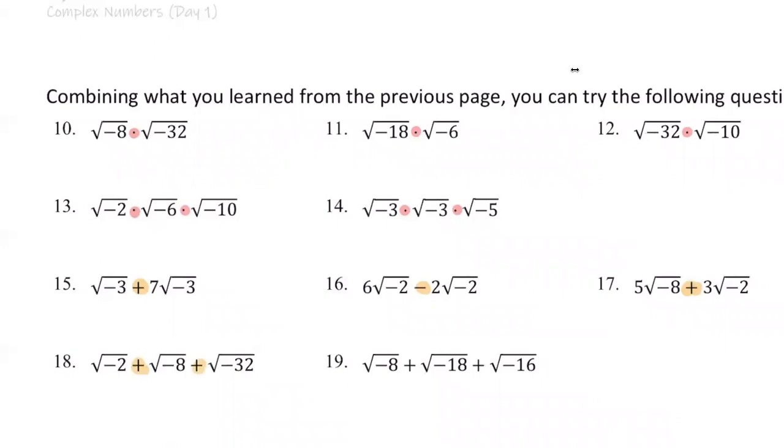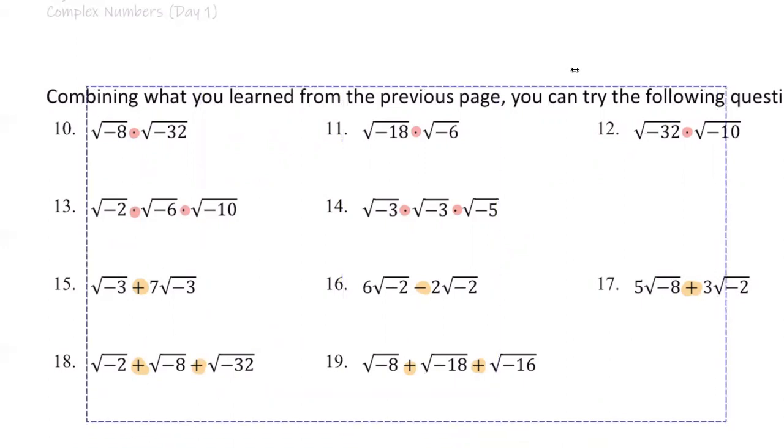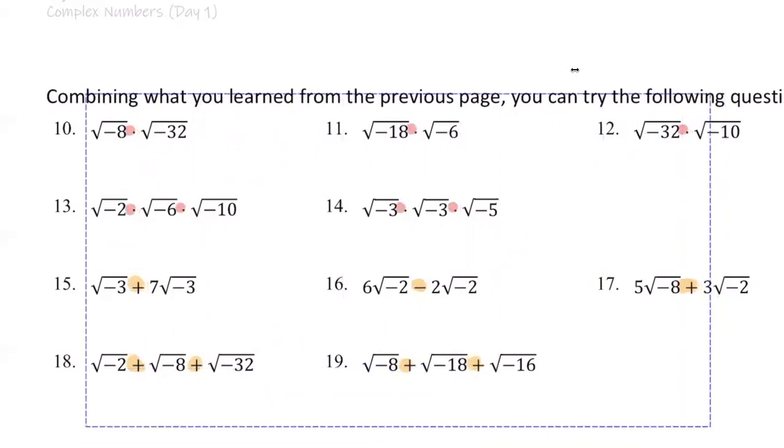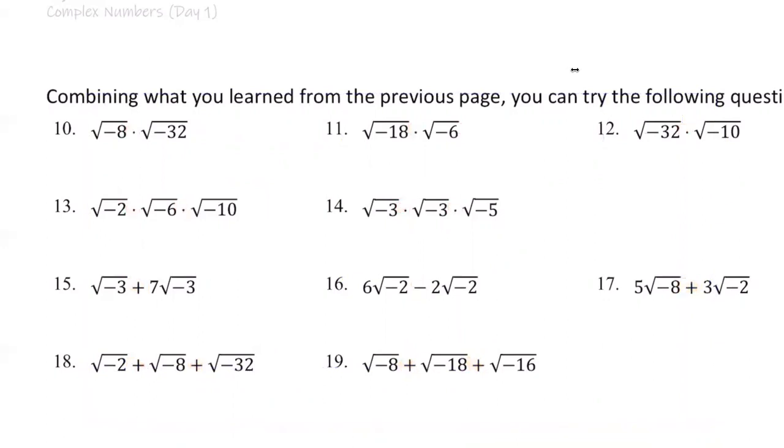They are adding or subtracting each other. One is multiplication, the other one is adding and subtracting. They are different. So I want to make sure that you can tell the difference and you do not make any stupid, careless mistakes while you are handling these questions.